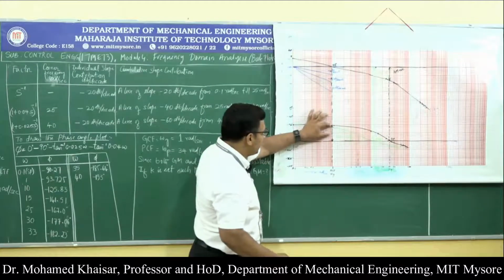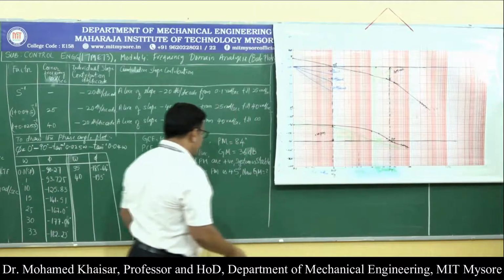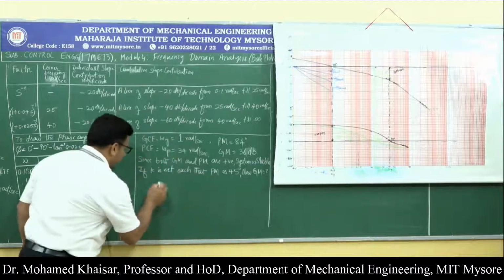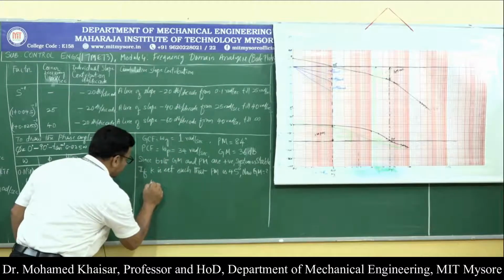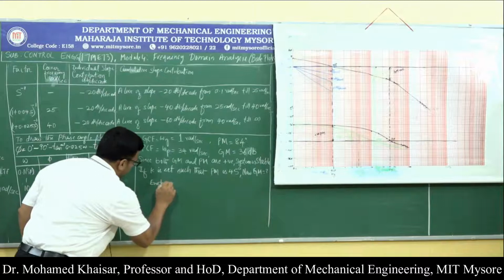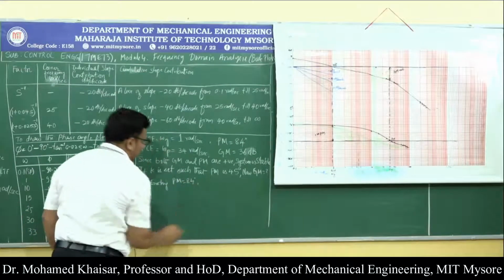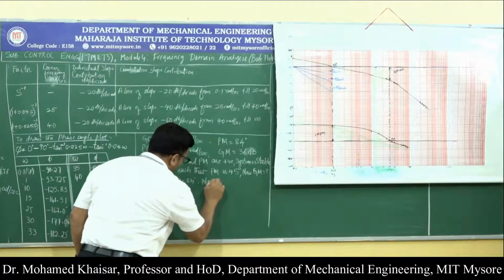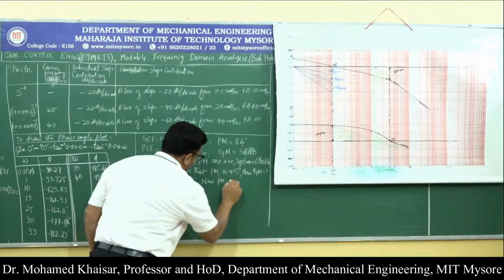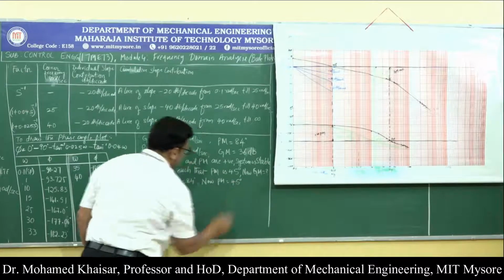So 84 degrees is the existing phase margin and the new phase margin is 45 degrees.